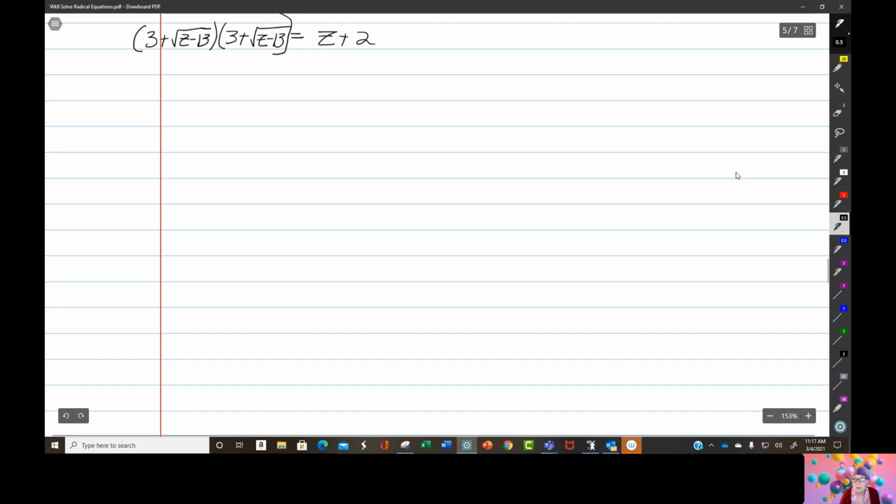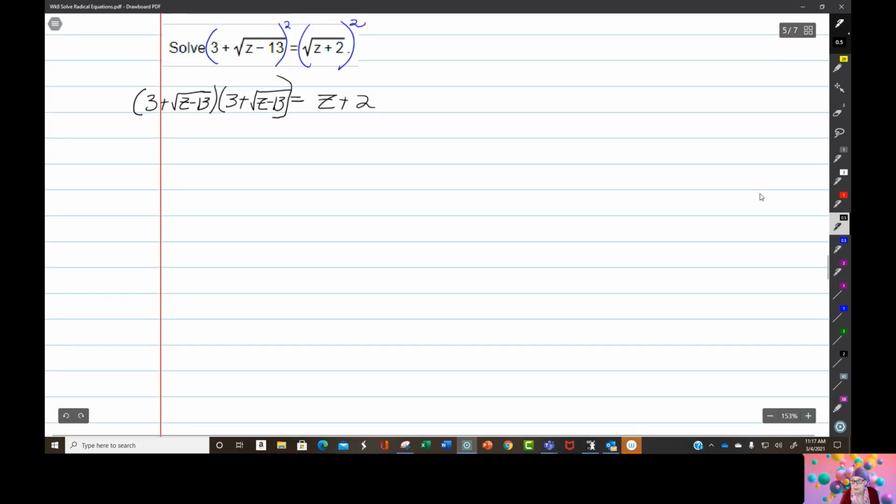Okay, so now we're going to have to use our little arrow dealy. 3 times 3, 3 times the square root of z minus 13, the square root of z minus 13 times 3, the square root of z minus 13 times the square root of z minus 13, and they're all positive, so I don't have to worry about sign errors, which is kind of nice.